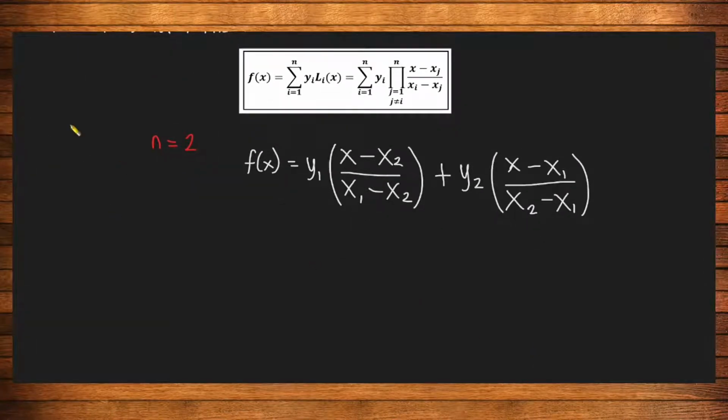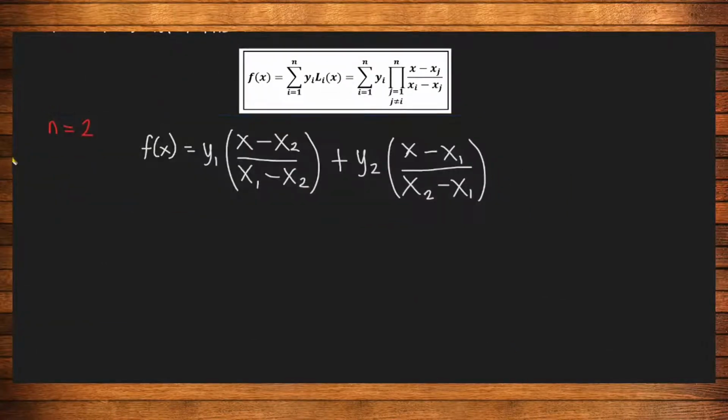Now, moving on to 3 data points, bali yung n natin will be equal to 3. So, we will have 3 terms. So, for our first term, yung value ng I natin will be equal to 1. Okay, so we will have y sub 1. And then, we will multiply this by our Lagrange functions.